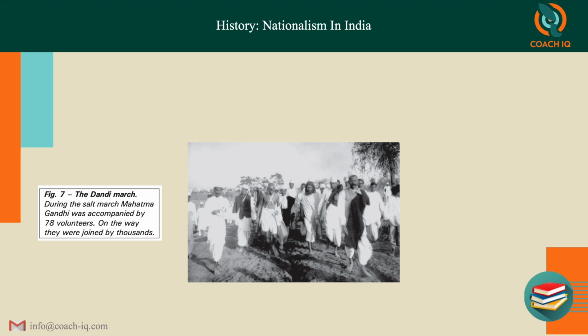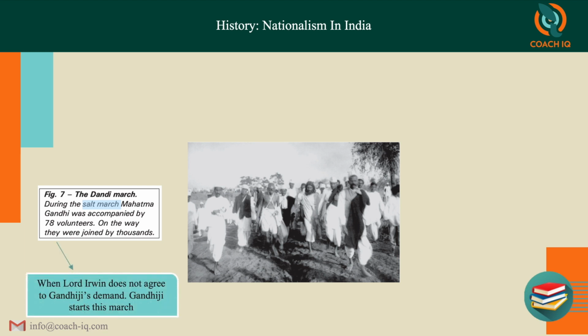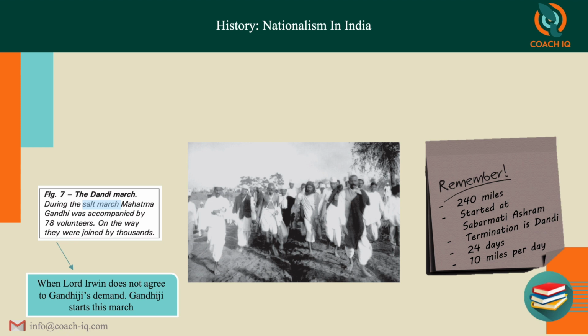So the Salt March, as you know, is a very significant part of Indian history, where Lord Irwin does not agree to Gandhiji's demands in the letter, Gandhiji starts this, with 78 volunteers, and the distance is 240 miles. Starting is Sabarmati Ashram, termination is the coastal town of Dandi in Gujarat, and the march was for 24 days with them doing a distance of 10 miles a day.